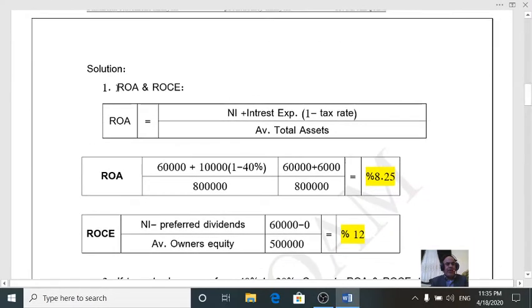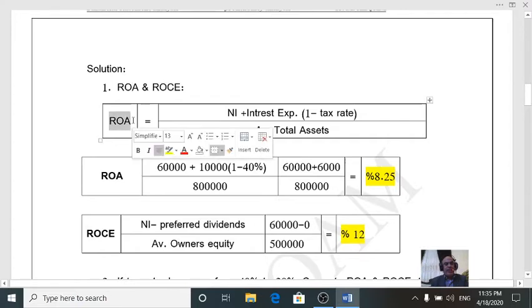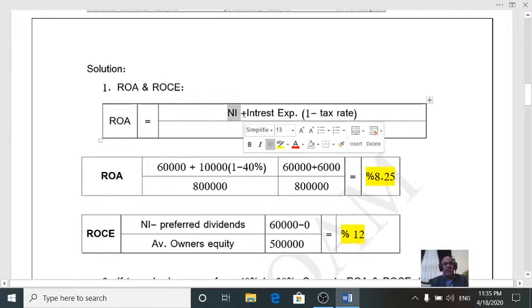Now, please, my student, be careful and follow me through the following equations of return on assets. Return on assets, as you know, equals net income plus net interest expense multiplied by one minus tax rate, over average total assets.